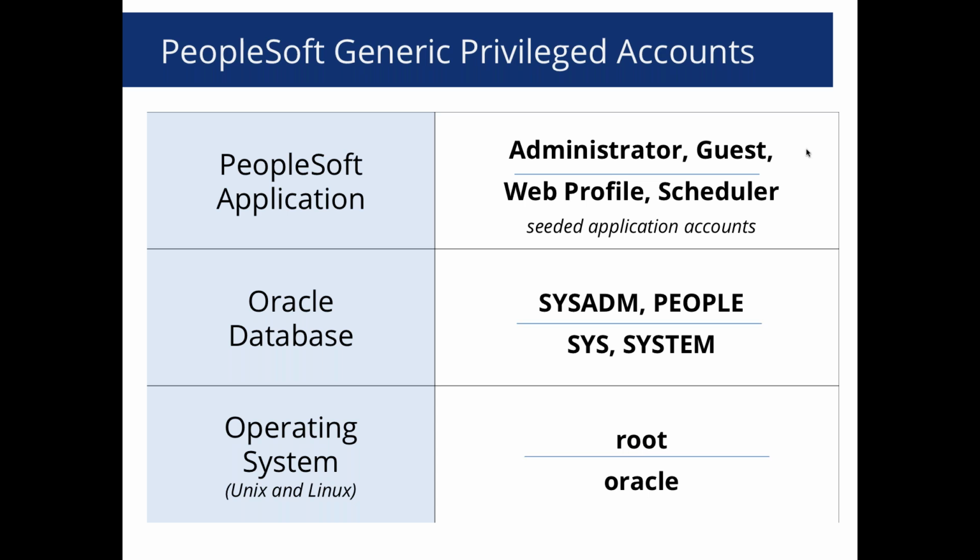The people account is part of the handshake when an end user logs on to the PeopleSoft application. The people user is the user that is first used to authenticate, and then supports the password challenge for the end user. So we're very much concerned with the SYSADM, but also concerned with the people account.